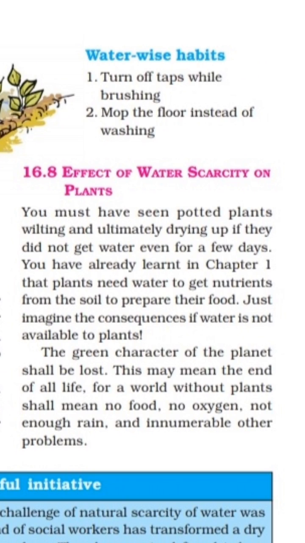We are aware that from plants we get food, they give us oxygen by using carbon dioxide, and they perform a major role in the water cycle to prepare rain. That's why there would not be enough rain.